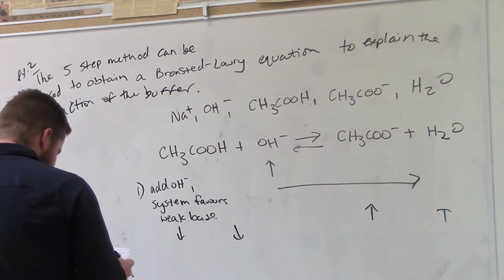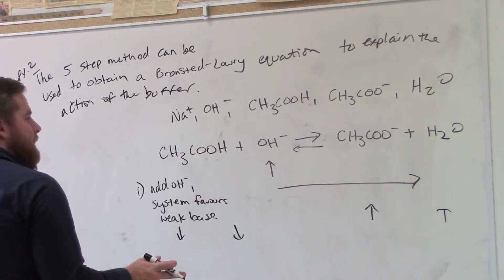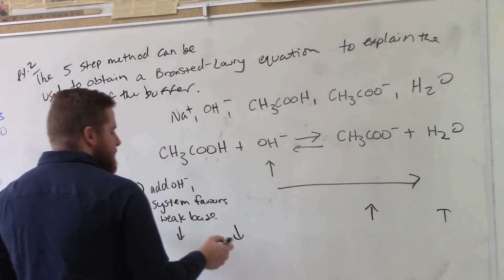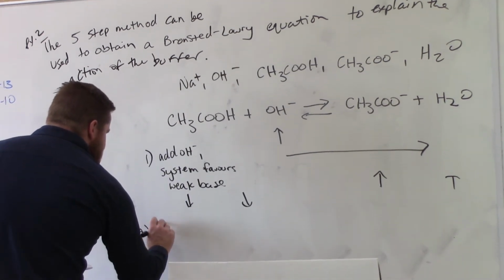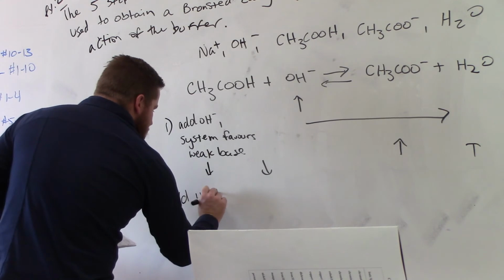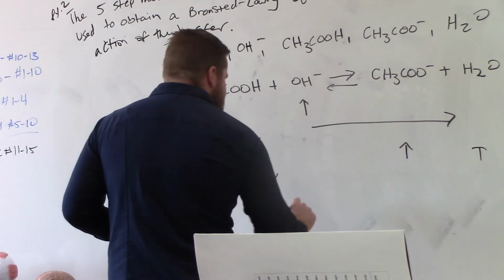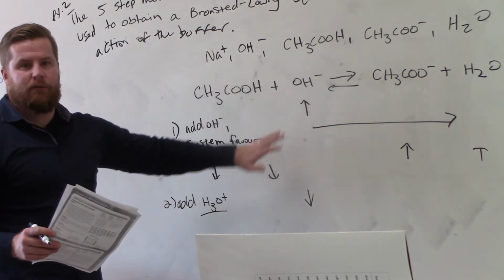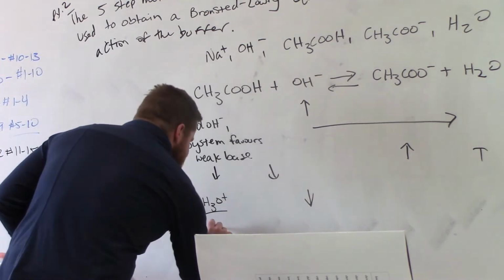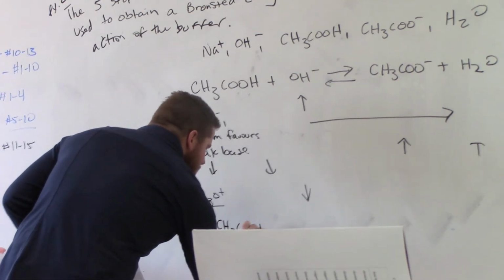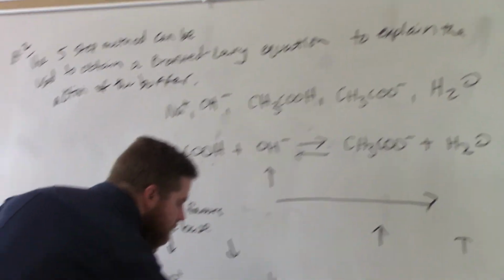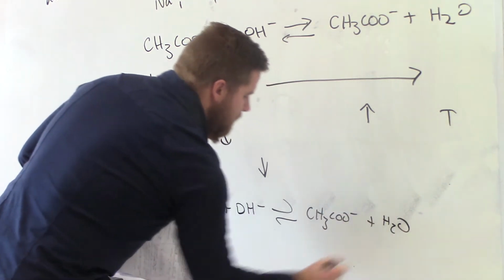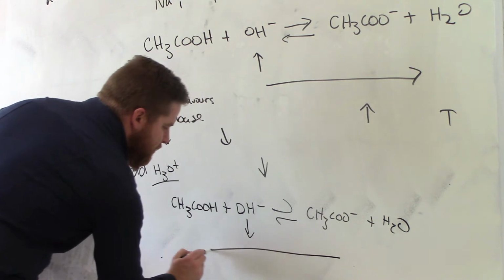Now, if we added hydronium, okay, so let's say we added H3O plus. Right, the OH negative would drop, right, because the H3O plus and OH negative would react together. And so this would drop and the equilibrium would shift towards the weak acid.